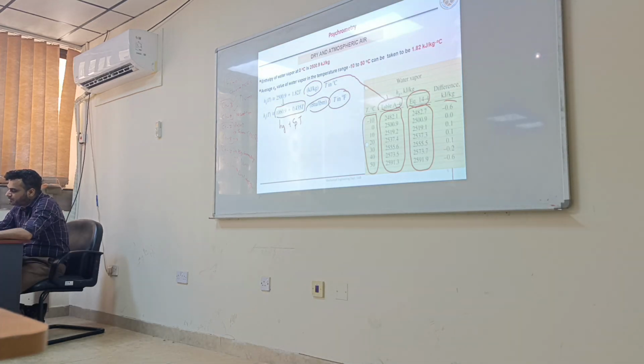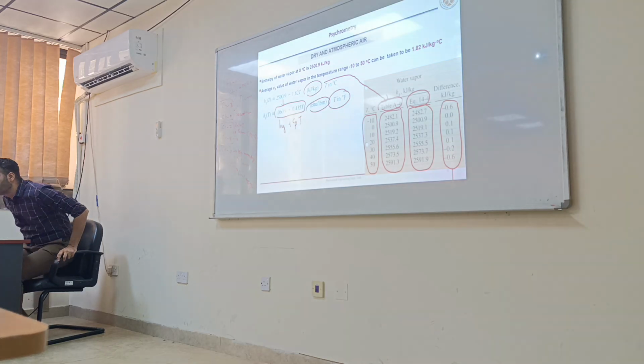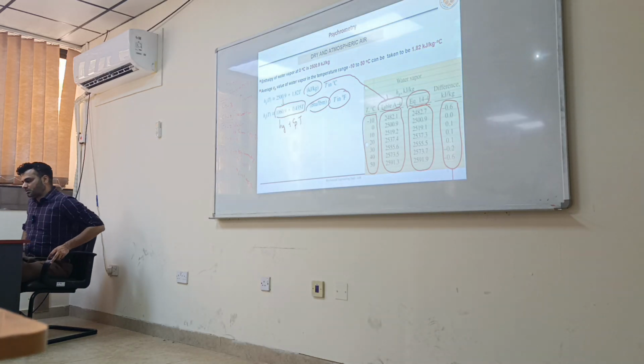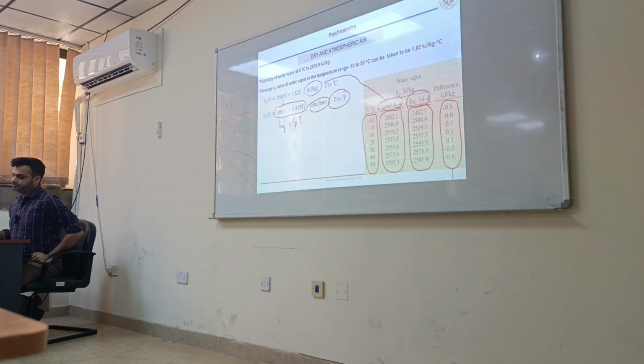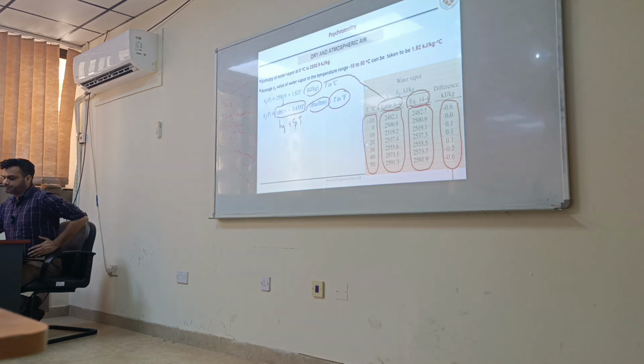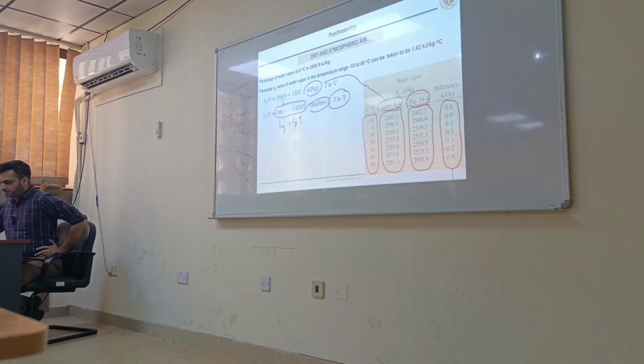The difference between them is so small that it is negligible, to find enthalpy in the superheated region in this temperature range. So either use the table or use this equation.